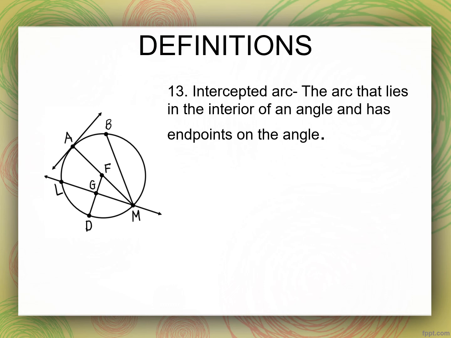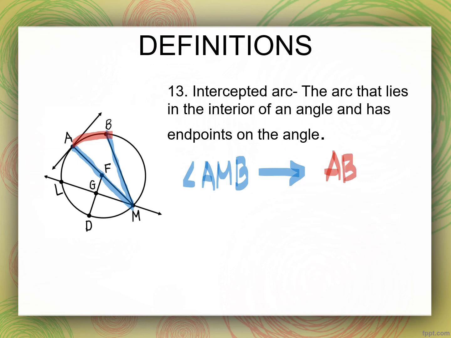So here is your angle AMB. Now the question is, what is the intercepted arc of angle AMB? So your answer should be, what's the arc bounded by the endpoints of your angle. So if you check here, it is arc AB. So therefore, your intercepted arc is arc AB.